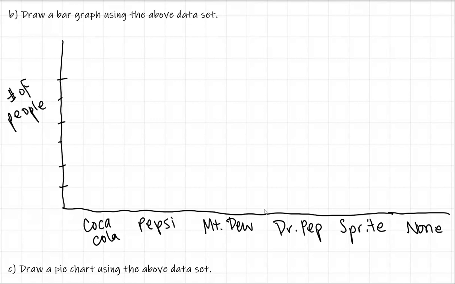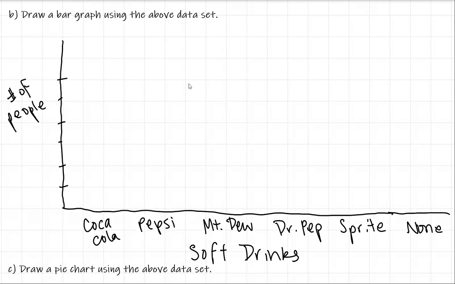Okay, and then even though you've labeled the horizontal axis with the specific data values that you got from collecting your data, you also need to make sure you label the overall horizontal axis. What is being represented here? You can just say soft drink or soft drinks. Yeah, that's good enough, soft drinks.